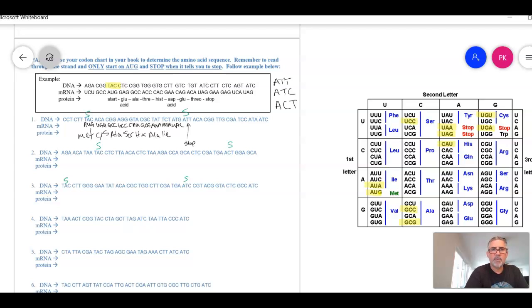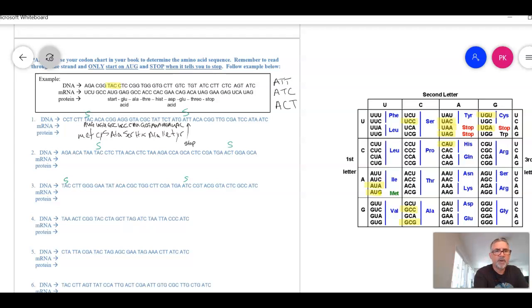And then my last one, UAC. I got UAC, I got TYR. Remember, there is no amino acid for a stop. So then I would stop there. So that's my protein strand right there.